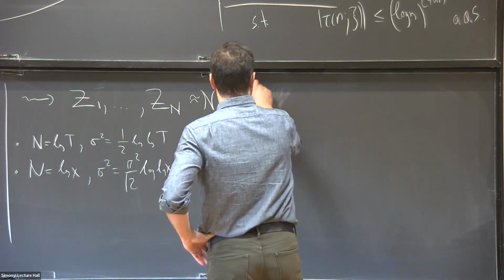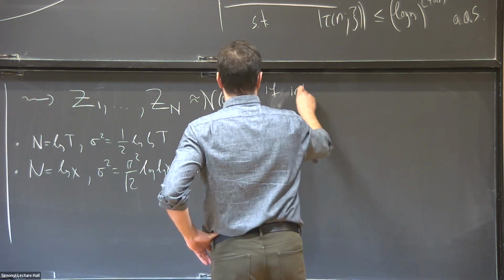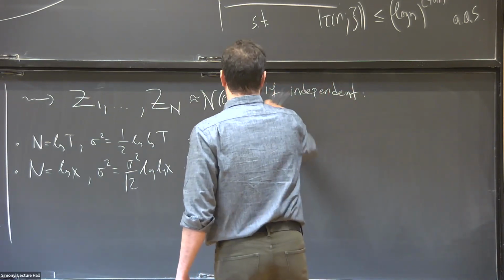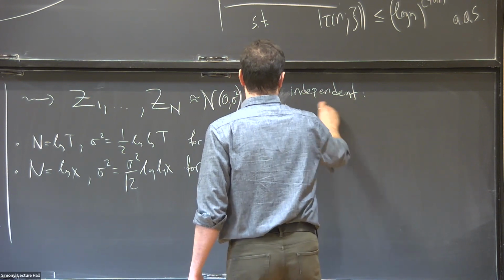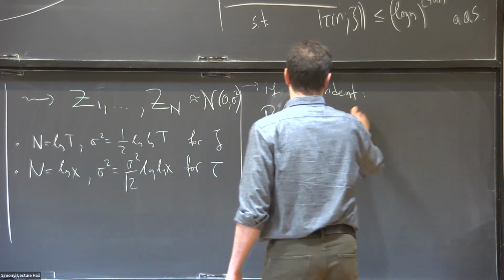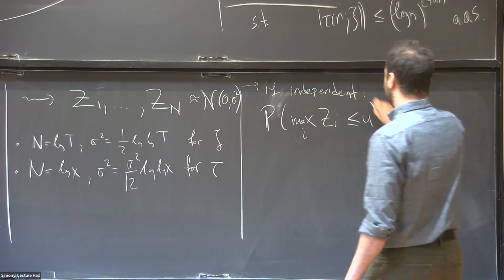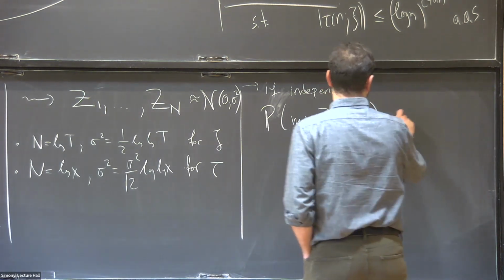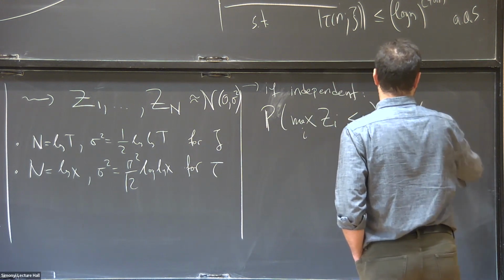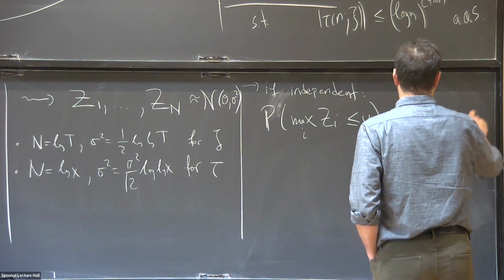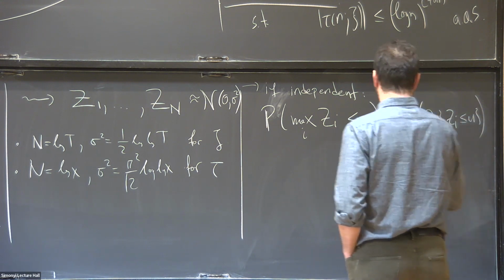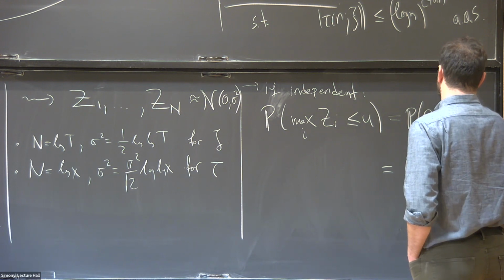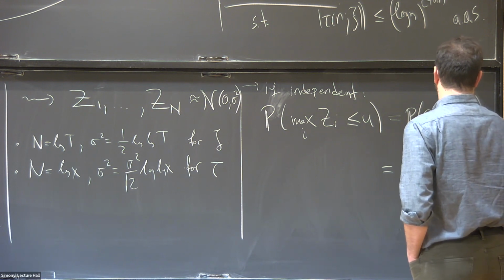So if independent, then the probability that the maximum of the Z_i's is less than some u is the same as all of them being less than u. So if I assume independence, it just factors as 1 minus the probability Z is bigger than u, to the n.